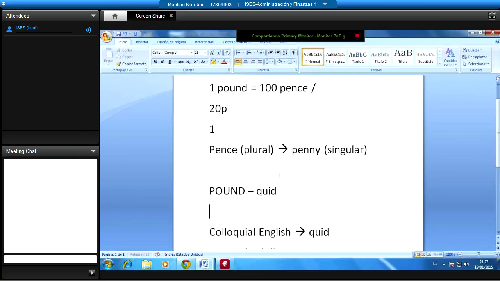Bucks, okay? So pounds is quid. Dollar is buck. $5. 5 pavos. If you want to say pounds in formal English, you say sterling. Sterling, for example, please pay in sterling.